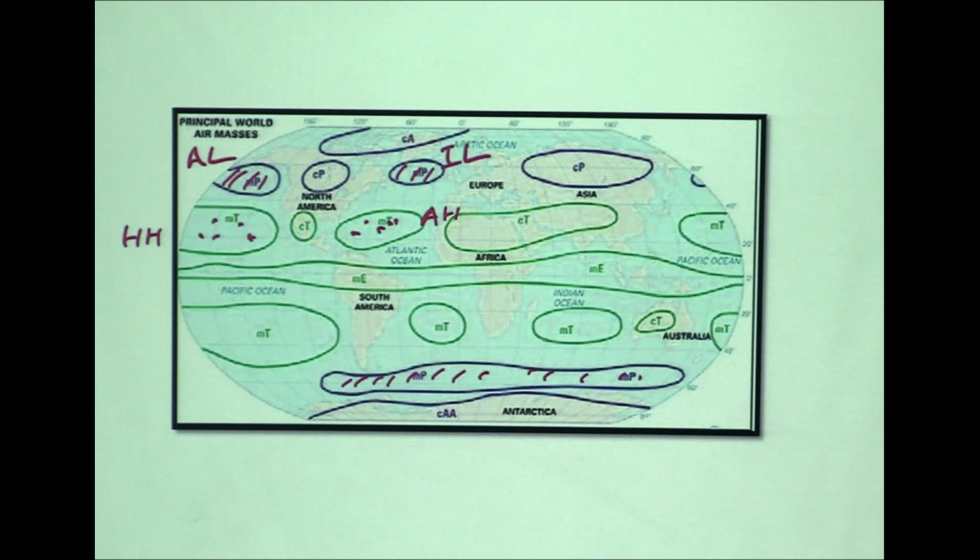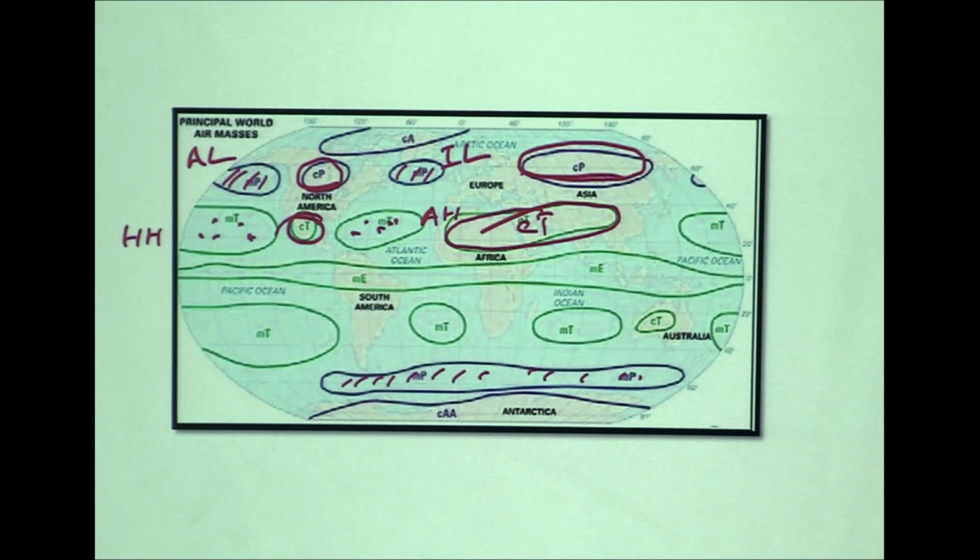Which type of air mass will be in Canada? Continental polar. In USA, continental tropical. In northern Eurasia, continental polar. And in Africa and continental Asia, continental tropical. So whenever you talk about air masses, you need to talk about their source area.